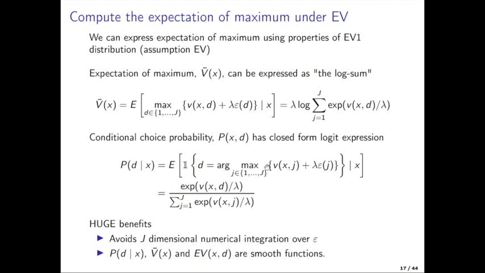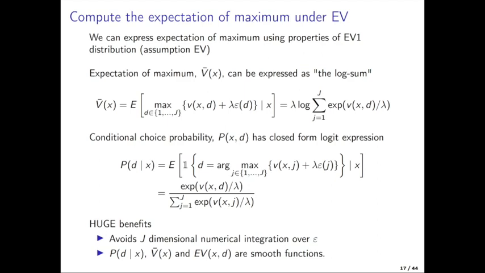So D is the argument that maximizes the sum of the deterministic and the stochastic part of the choice-specific value. What is that? That's just the logit formula. Again, you avoid this integration over j-dimensional continuous states, or j-dimensional stochastic variables, and you can just put it into the logit formula.